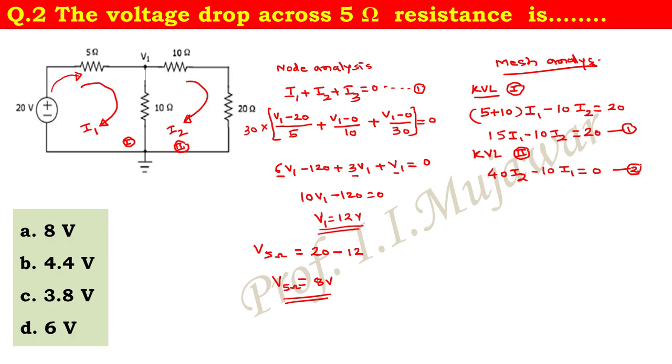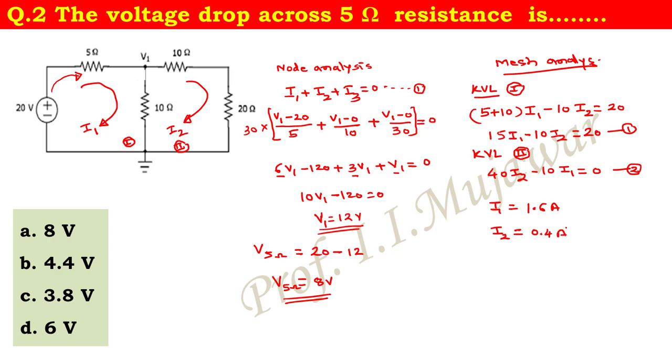If I solve these two equations, we get currents I1 and I2. We have to solve equations 1 and 2 either by using Cramer's rule, or you can use a calculator straightaway. These two values are I1 is 1.6 ampere, whereas I2 is 0.4 ampere.